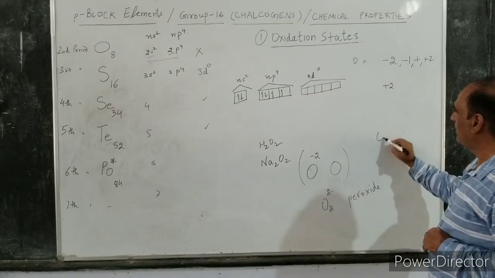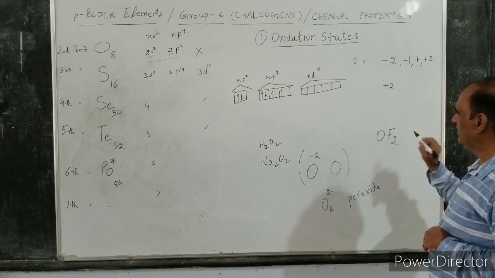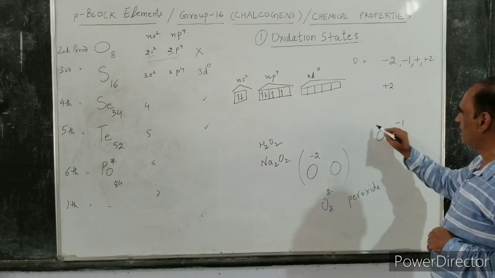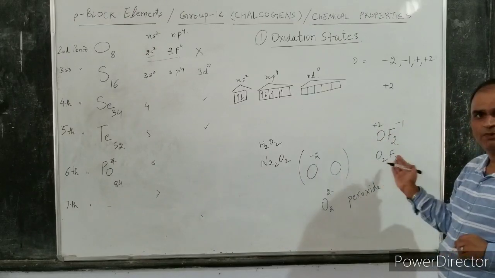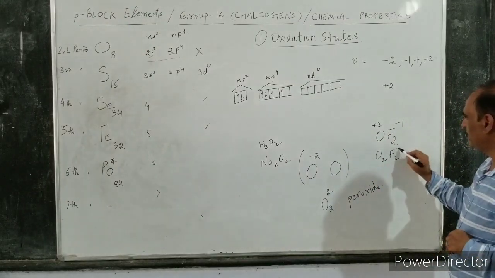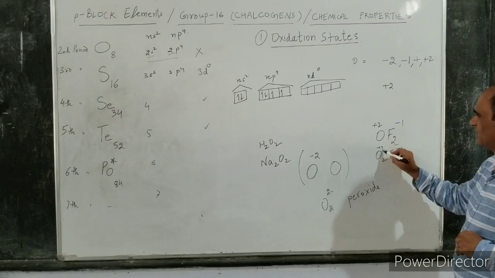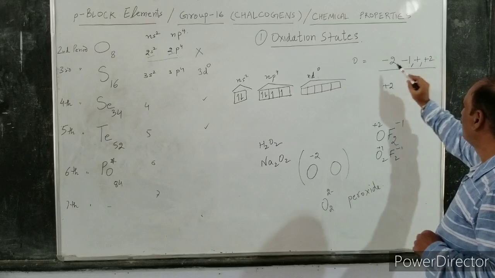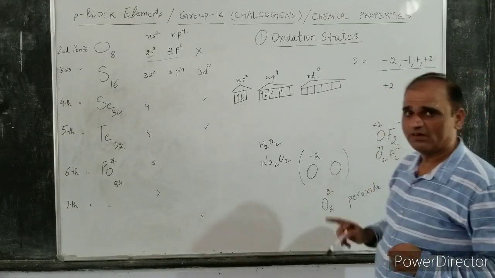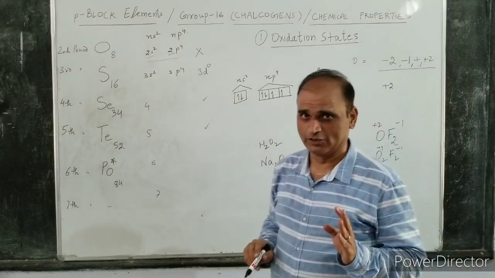For example, a compound OF2. In this compound, F will be -1, O is +2. Similarly, O2F2, very unstable compound it is, but in it oxygen shows +1 state. So oxygen shows these four states, -2, -1, +1 and +2 also.